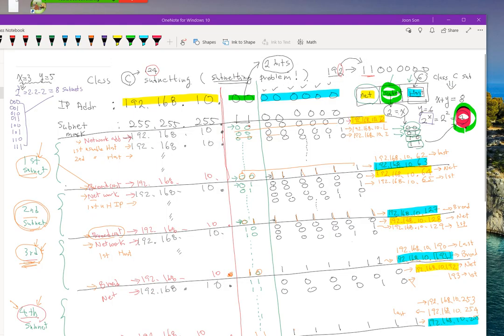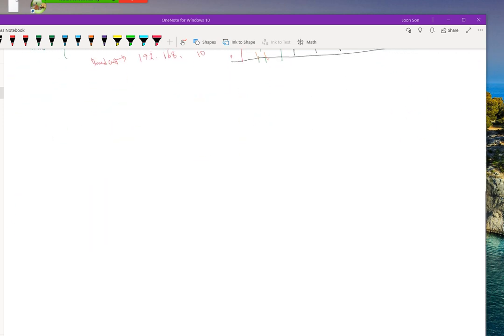For example, let me just emphasize this one more time: this is for class C subnetting only. Well, I think it's not really class C subnetting only, but okay, for now, class C subnetting only.